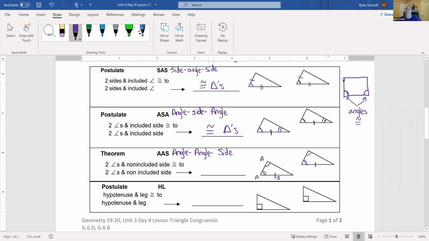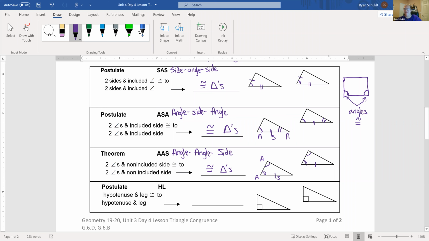Angle, angle, side. Then, if that occurs, we have congruent triangles. Notice this is different than angle, side, angle.